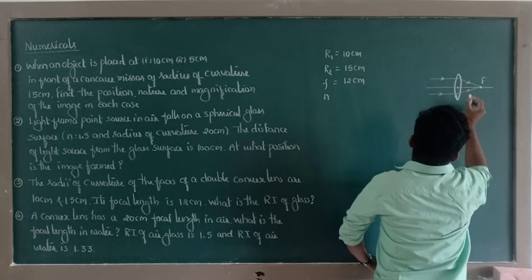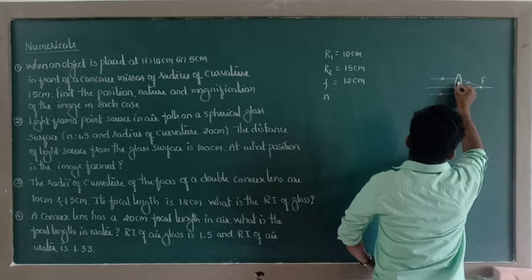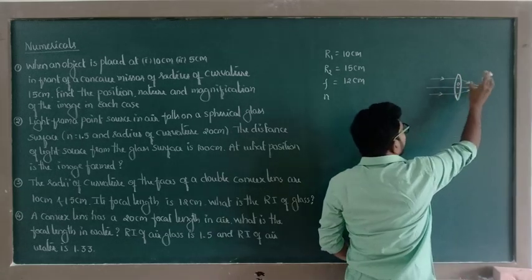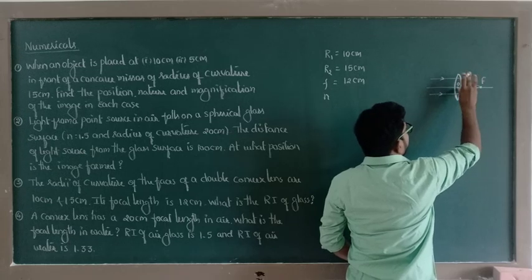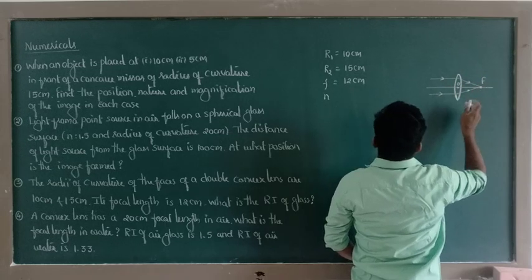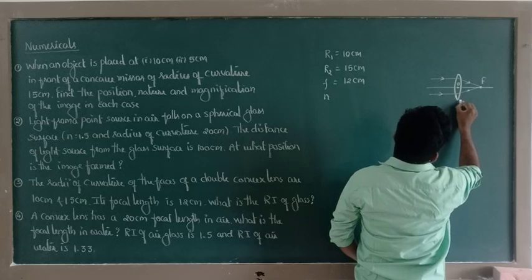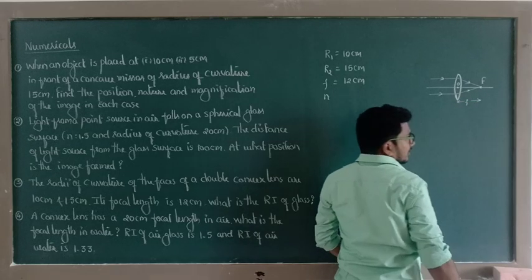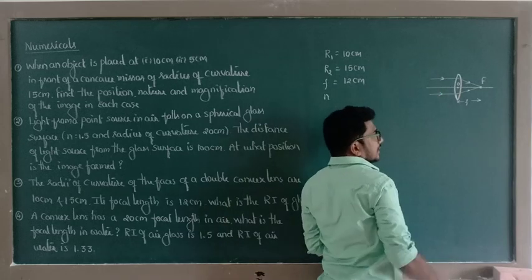Here all distances are measured from the optical center. The distance between the optical center and the principal focus is measured in the direction of incident light. Therefore, this focal length is in terms of positive sign.